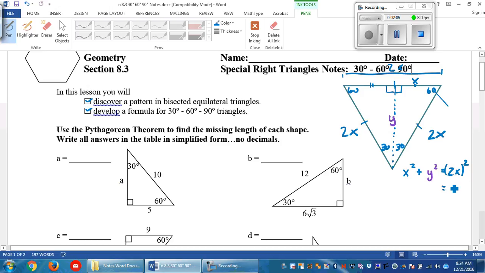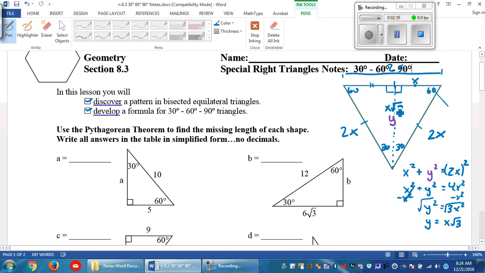So this becomes 4x squared. x squared plus y squared equals 4x squared, minus the x squared over. So y squared is equal to 3x squared, and then we're going to root it. So y is equal to, if I take the square root of x squared, that's an x root 3. So this missing side here is x root 3.